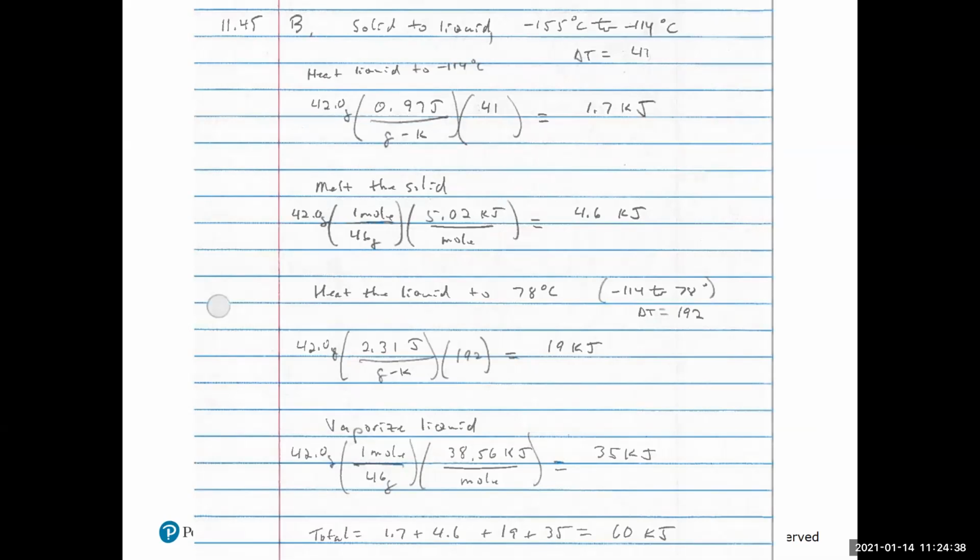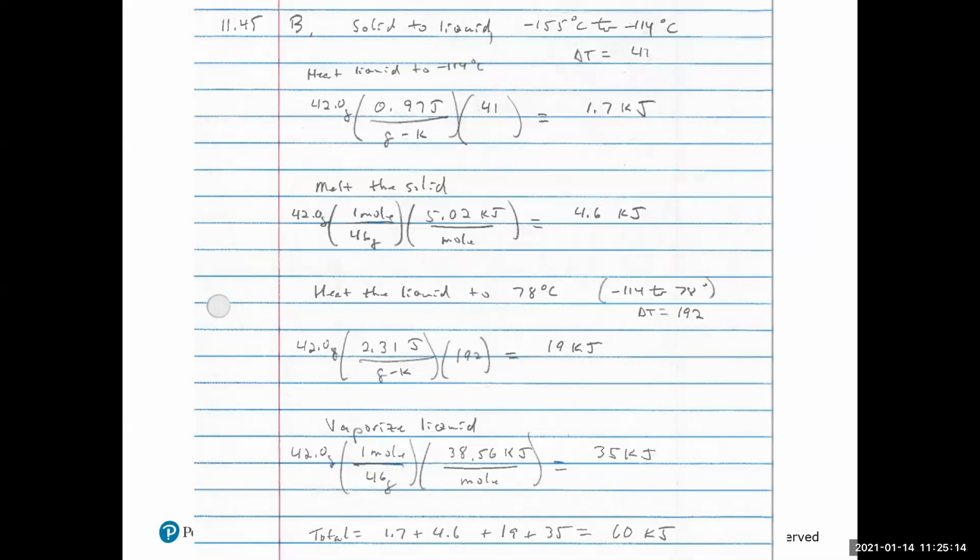So the first thing we need to do is heat the solid to minus 114 degrees. So we want to go from minus 155 to minus 114 C. So that delta T is 41.